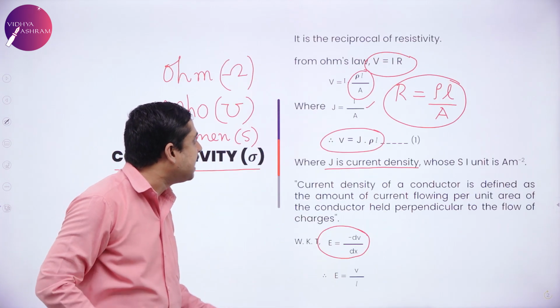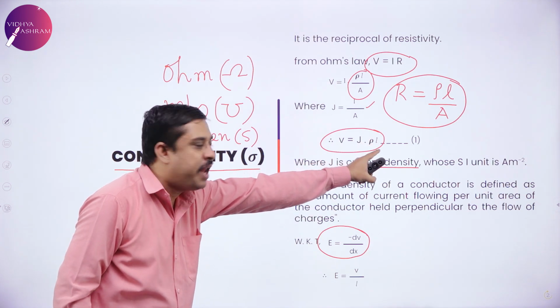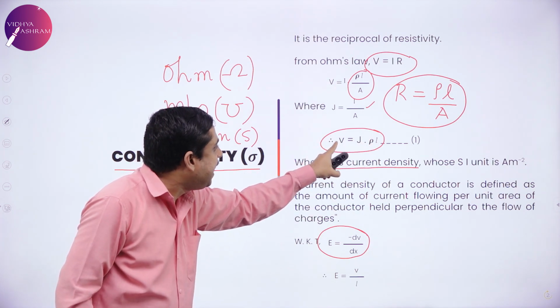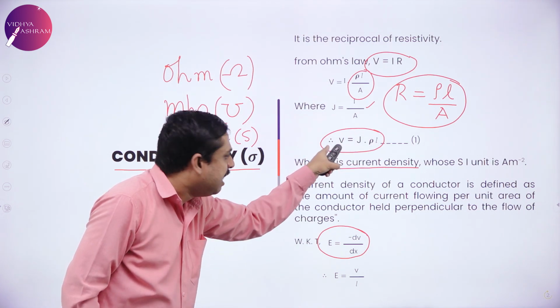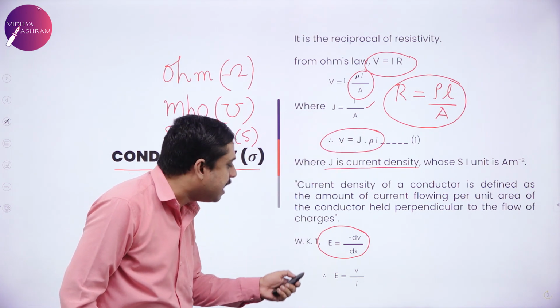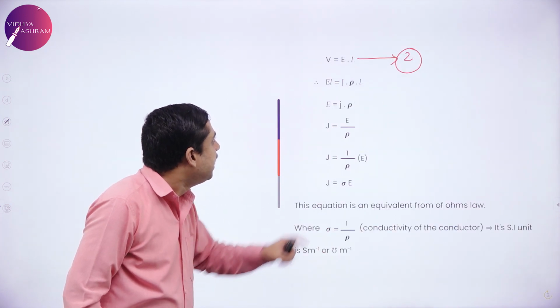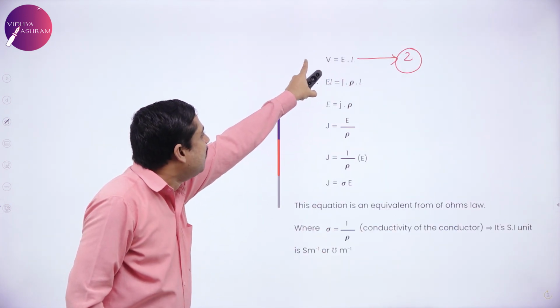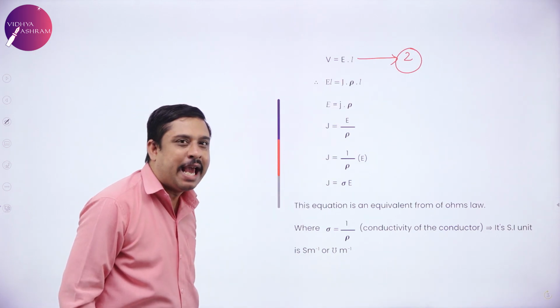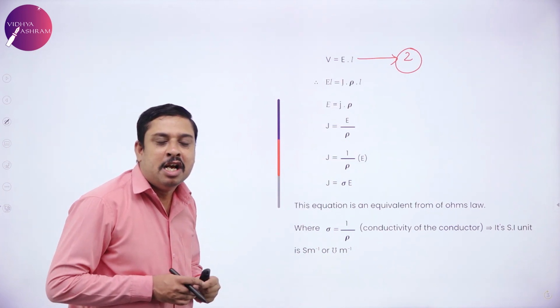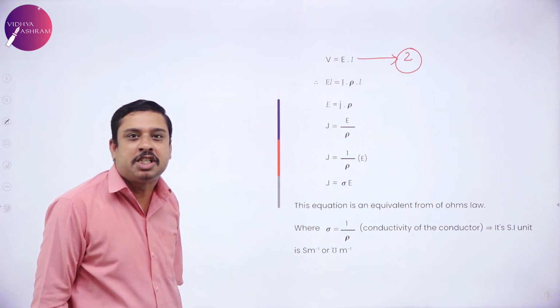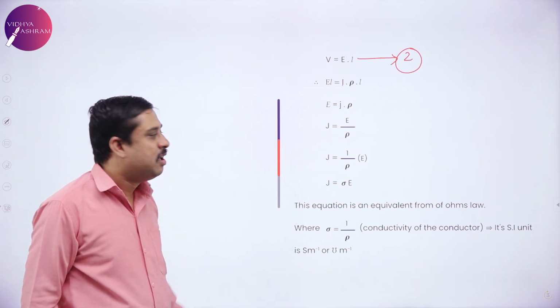Therefore, if you analyze equation 1, V equals J rho L. On the left hand side, what is there? Potential. Equation 2, V equals E into L. And again on the left hand side, what is there? Potential. So can I not equate equations 1 and 2? Yes.